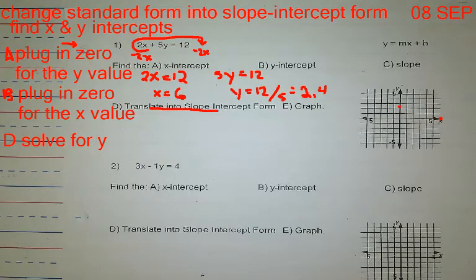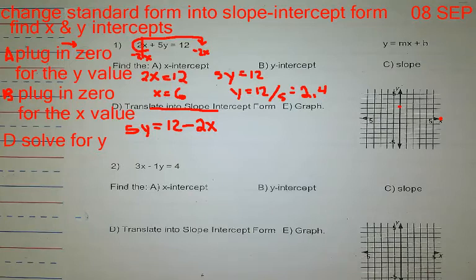So, you subtract the 2x, these go away, and you're left with 5y equals 12 minus 2x. Well, that's great, but y's not by itself, so you have to divide by 5. You have to divide every single thing by 5, right?